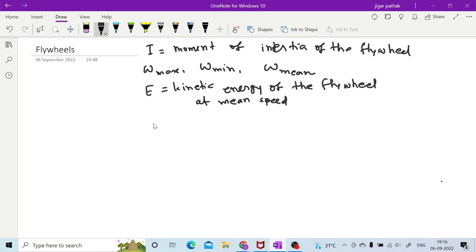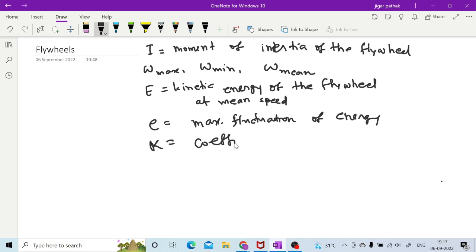Then E is the maximum fluctuation of energy, right? K is the coefficient of fluctuation of speed, right?